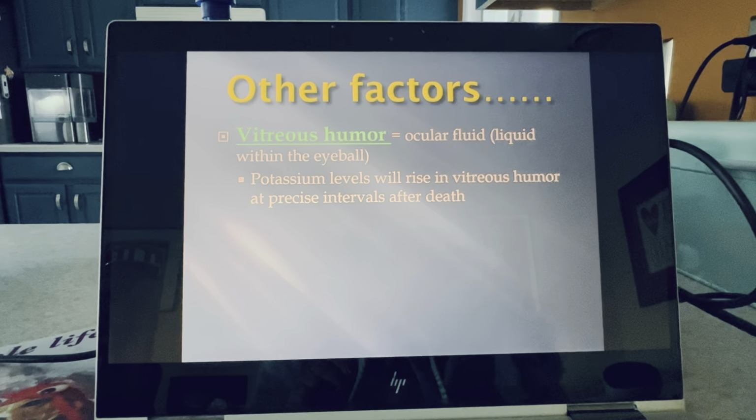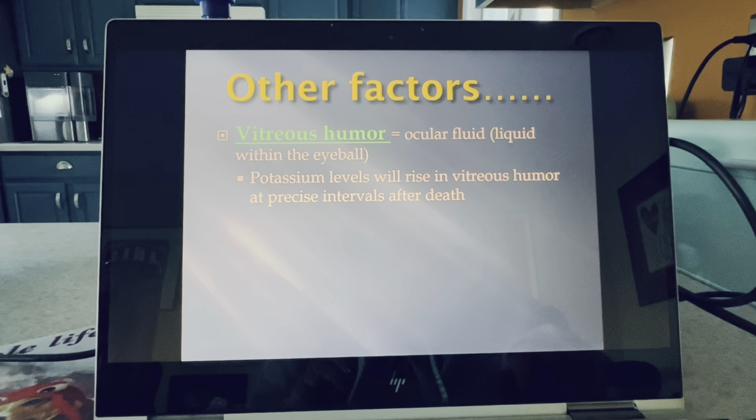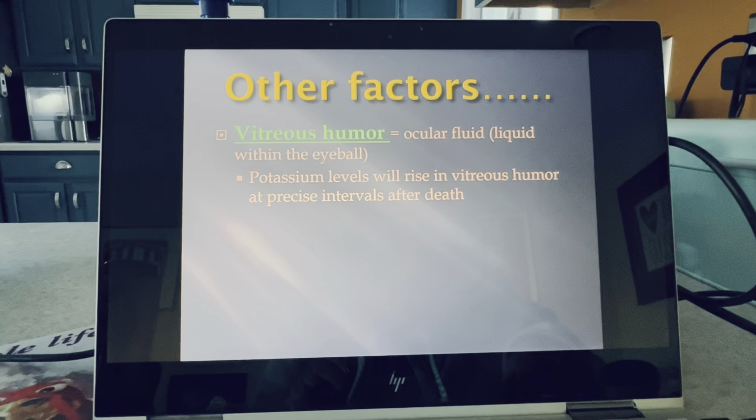And of course there is an error factor. It has to be correlated with other sources of both medical evidence and investigative evidence like talking to loved ones and witness statements.